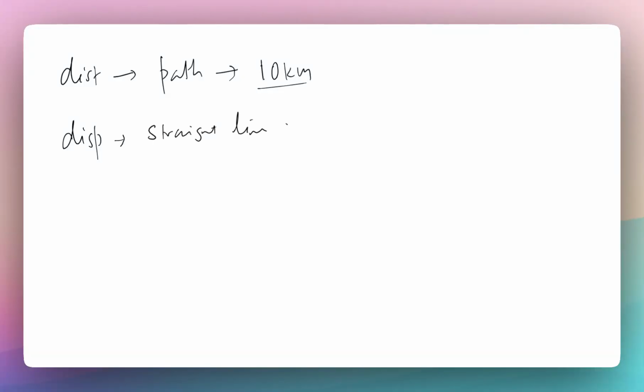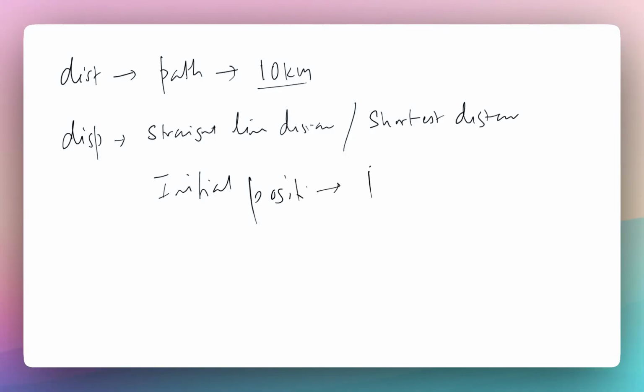The distance traveled is going to depend upon the path, right? And we simply sum up the straight lines to arrive at that number, whatever that number is, 2 kilometers, 4 kilometers, 6 kilometers, 10 kilometers, right? And that's it. Displacement is simply a straight line distance, or as you can see, the shortest distance from my initial position to final position.